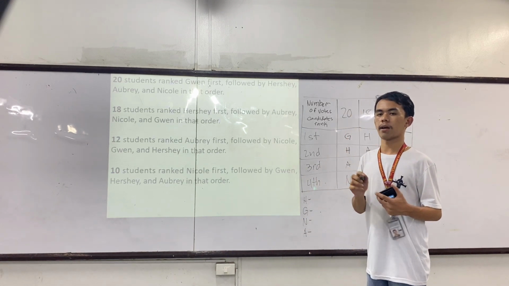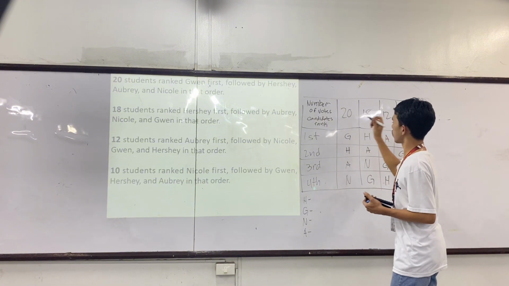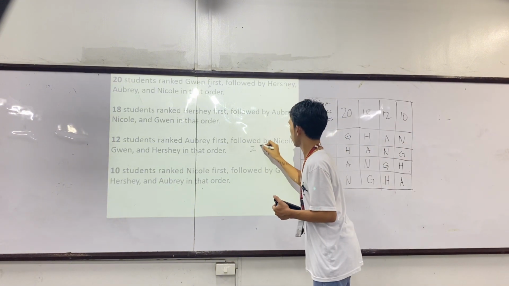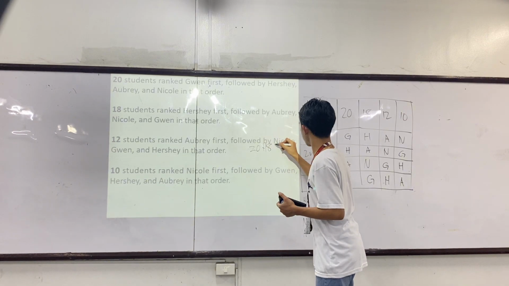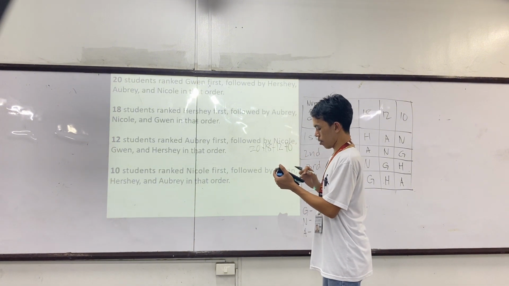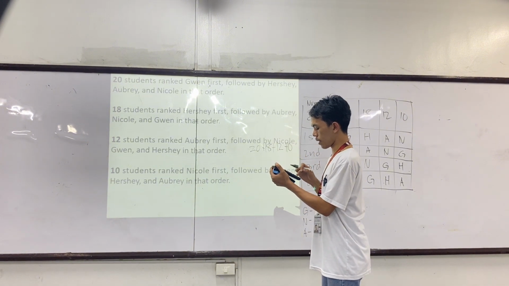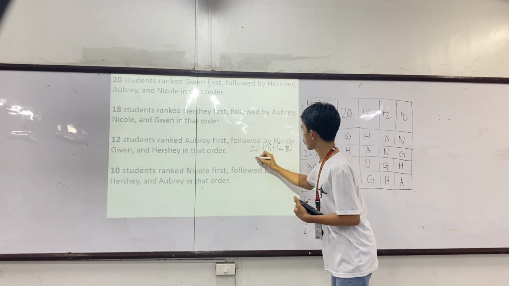First, we get the total of the 60 students. So 20 plus 18 plus 12 plus 10 equals 60.